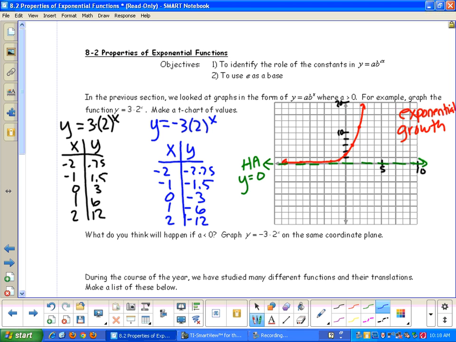So if we go over here, we're just going to graph the reflection of this graph. Again, the y scale is going by 2s. So we have 0, -3, which would be here, then -1, -1.5, and then 1, -6, and then 2, -12.